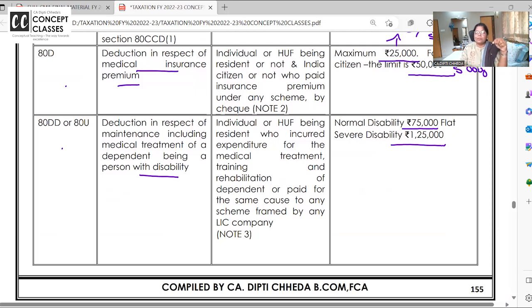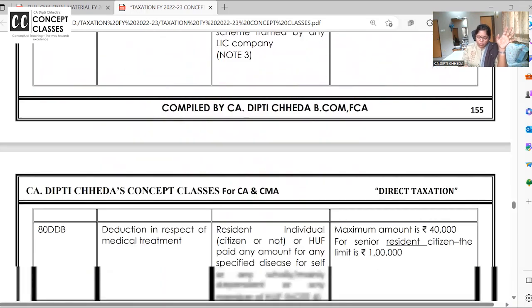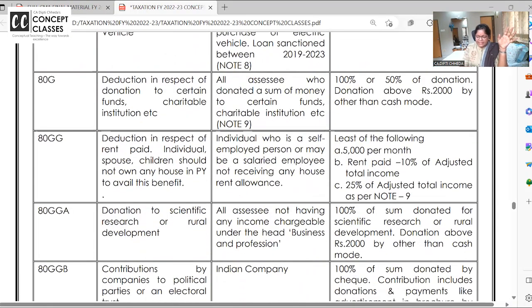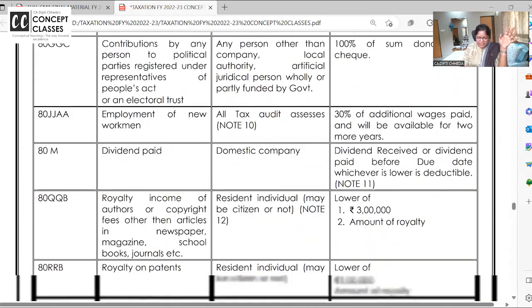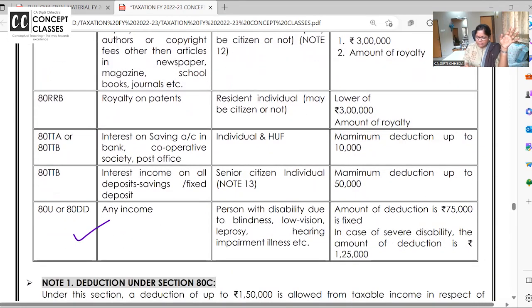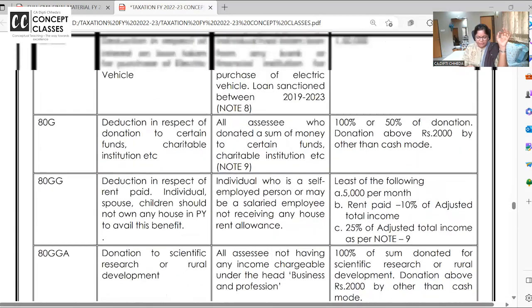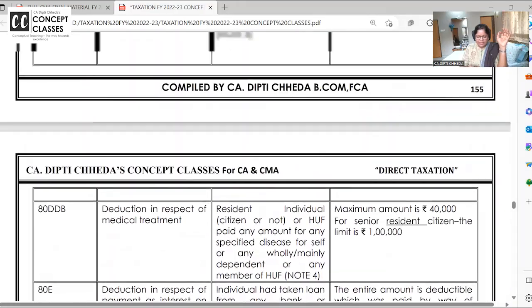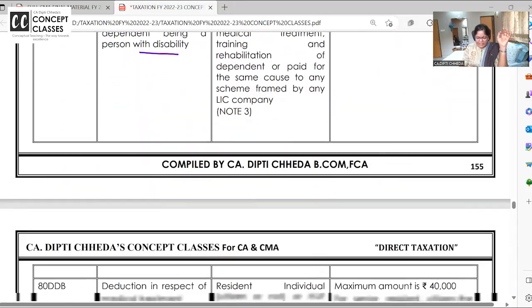If that handicapped person or unsound mind या जो भी है, blind या जो भी है, वो खुद, if he himself is filing his return through a representative, he can claim the deduction in 80U, 75,000. If it is severe, 1,25,000. ठीक है? Right. So that is all for Mediclaim.